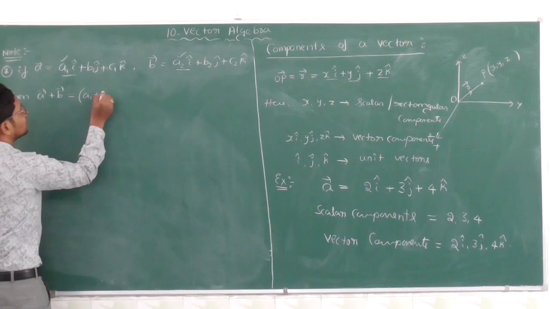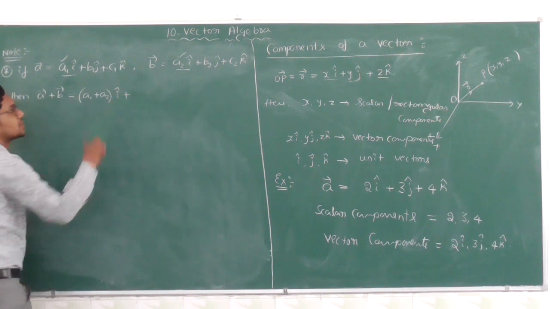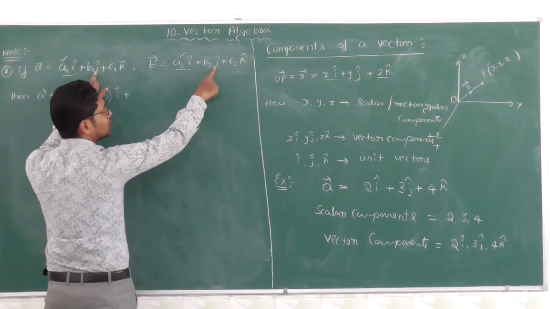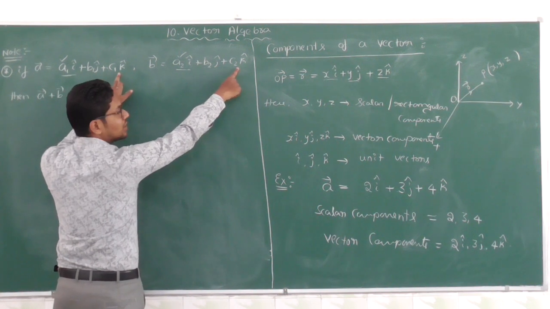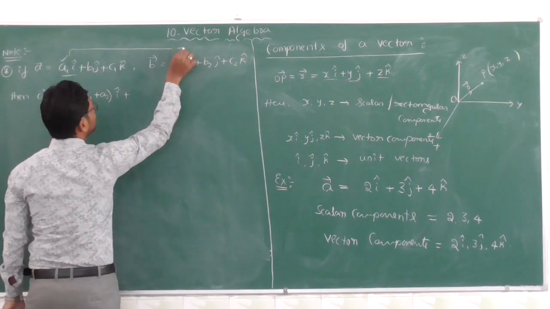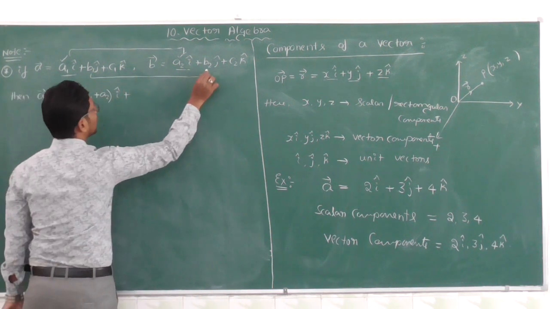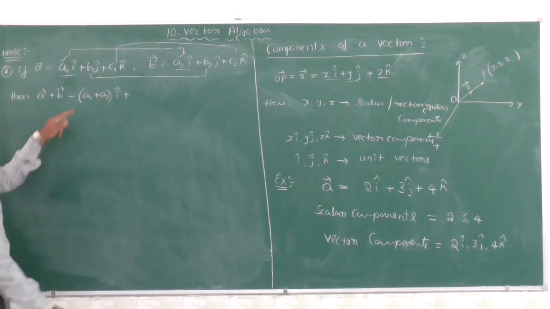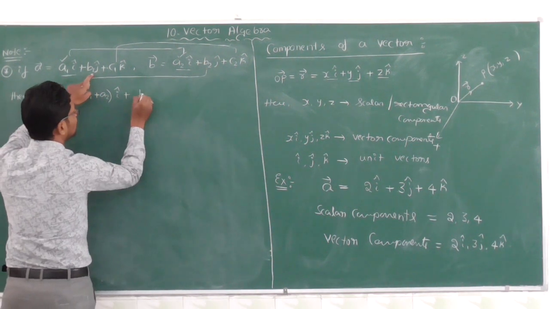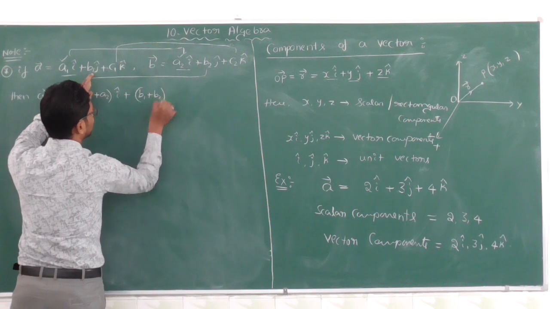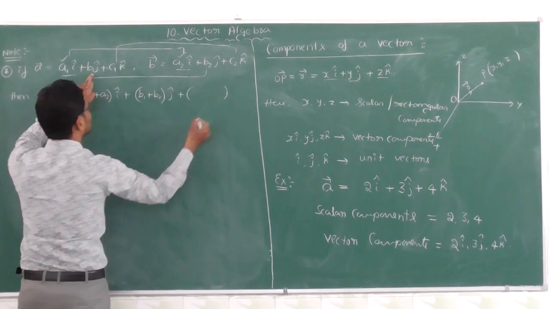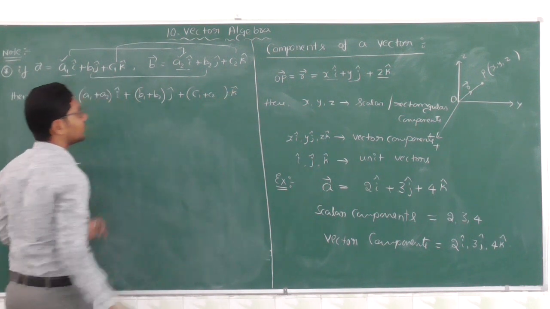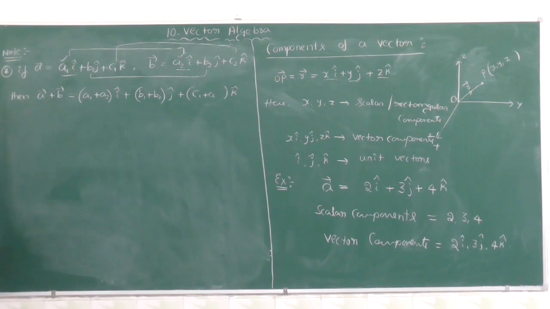So A1 plus A2 i cap, plus B1 plus B2 j cap, plus C1 plus C2 k. Hence it is the addition of two vectors.